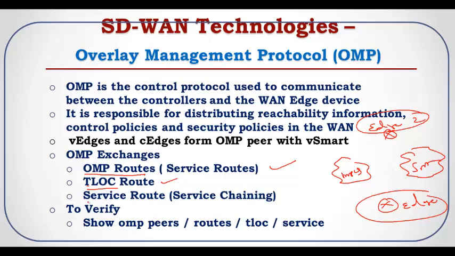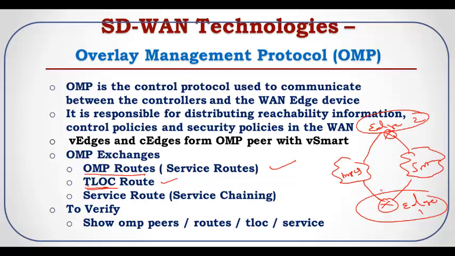Now this TLOC is the information that says that this edge device, though it is connected via MPLS and internet, even though it has two IPsec connections between edge 1 and edge 2, how many connections are there?